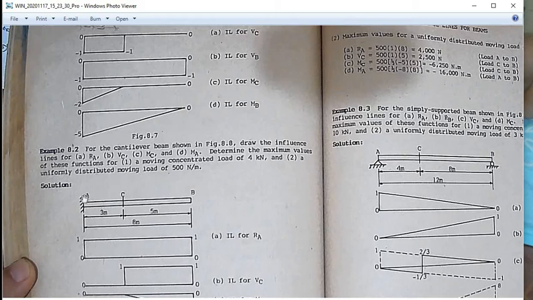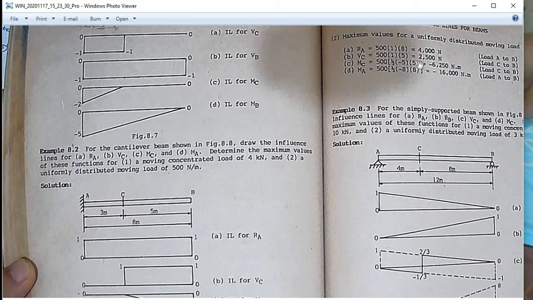Okay, so, simply said, 500 times length times your influence line. That will give you 4,000. And then, at C naman, nag-cut tayo ng section dito. So, 500 times length times the influence line na 1 ulit. Okay?